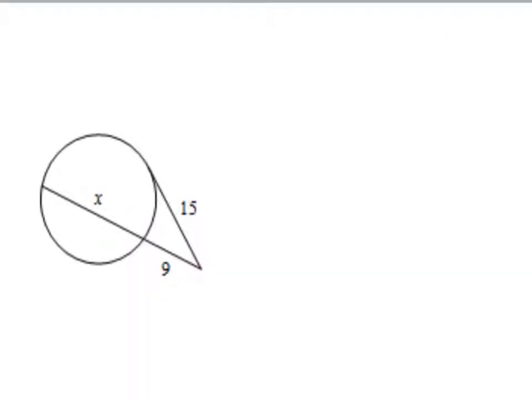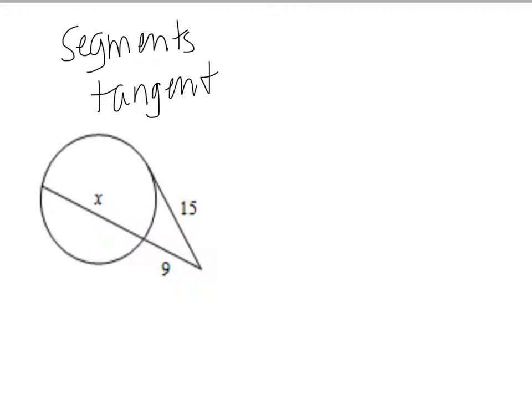Here's a problem again with segments, except this is a tangent and a secant that intersect outside the circle. And my formula for that is PP equals PW.